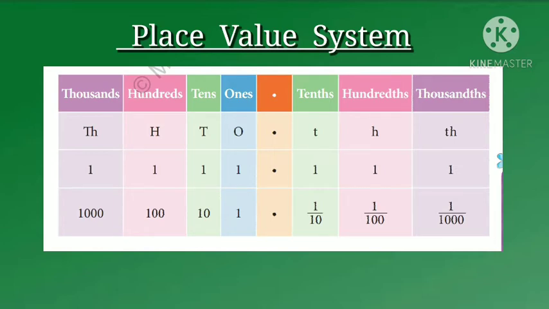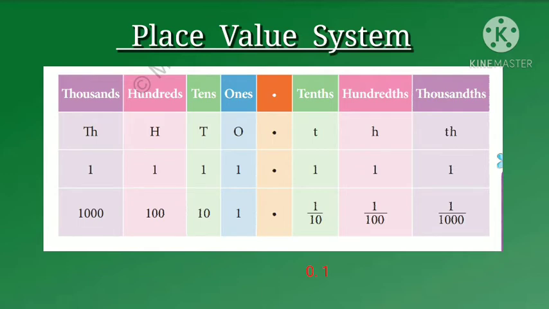That is 1 by 10, 1 by 100 and 1 by 1000. Here, the place value of the digit 1 as it moves right by 1 place from the ones place is 1 by 10 or 1 tenth. This is the tenths place.